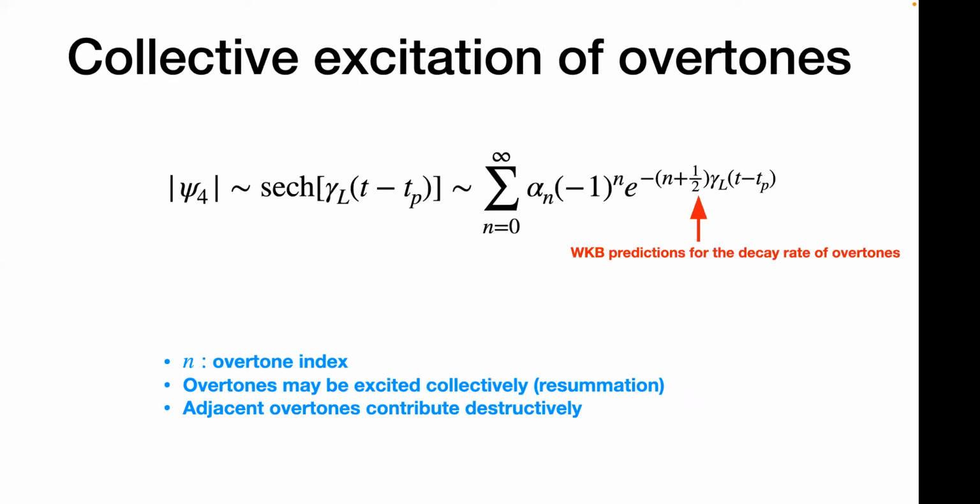Yes, but in that case, you are still using this mode decomposition. But instead, you can directly fit this search function to the entire time evolution and find the best parameter here.